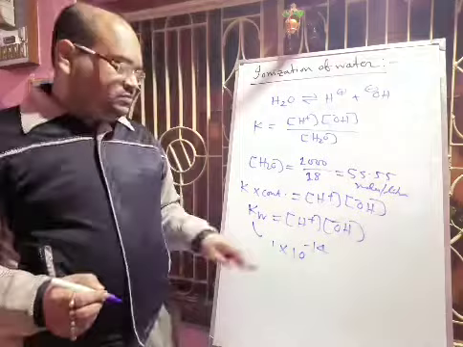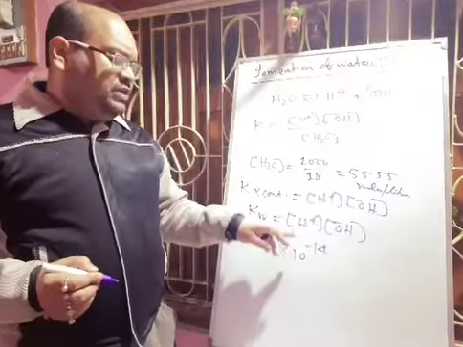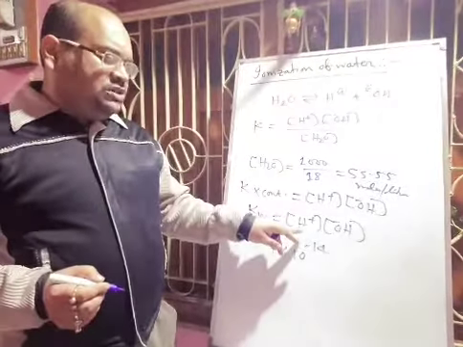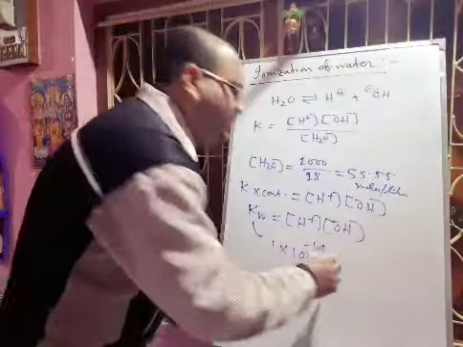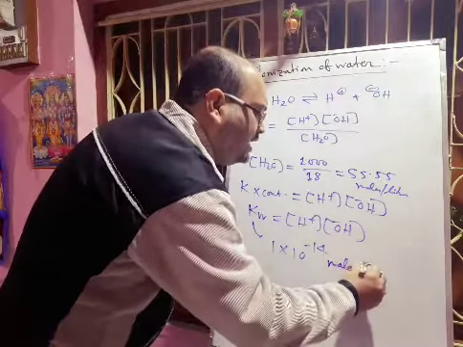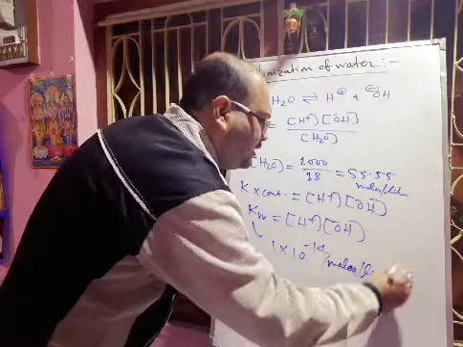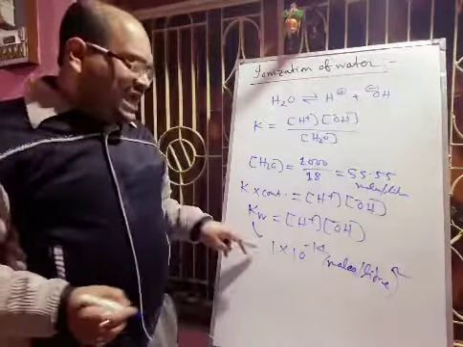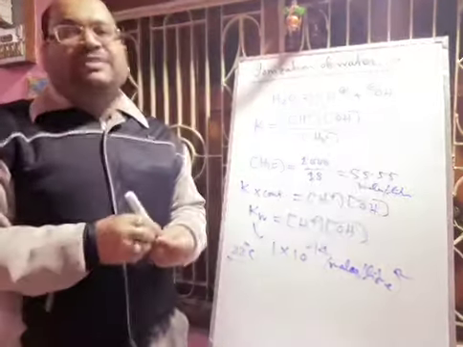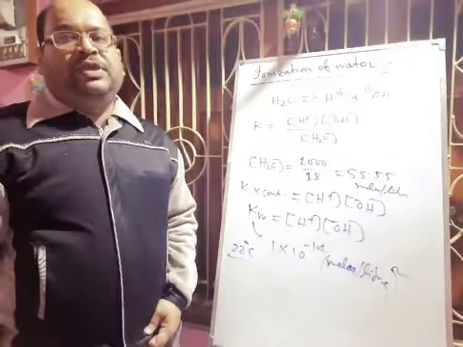This is the value of Kw, and if you want to write the unit, each concentration is in moles per liter, so it will be moles per liter whole square. So this is at 22 degrees centigrade. But if you increase the temperature, definitely the dissociation will increase, and its value will also increase.